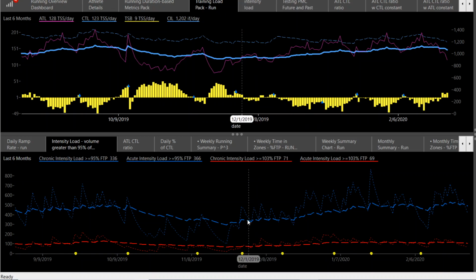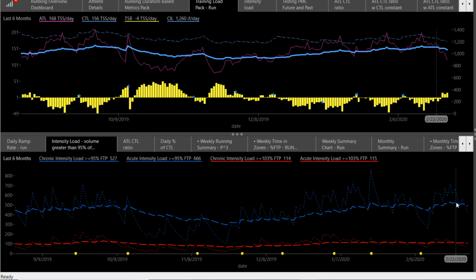You can see that during this chronic training load build, I'm also at the same time building intensity load at equal to or greater than 95% of FTP. We get a little bit of a move, but this is a chart for training for a marathon.